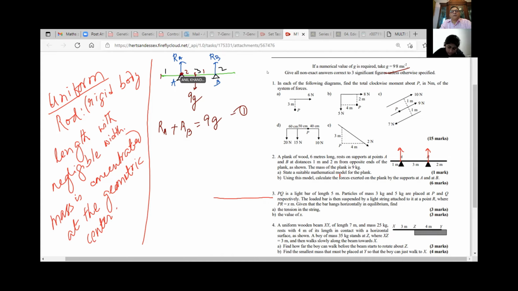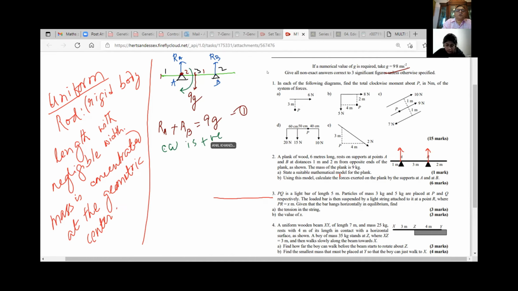So if I'm taking moments about A, in that case, the mass is causing a clockwise moment, correct? And we'll say clockwise is positive for us, right? We'll assume that.